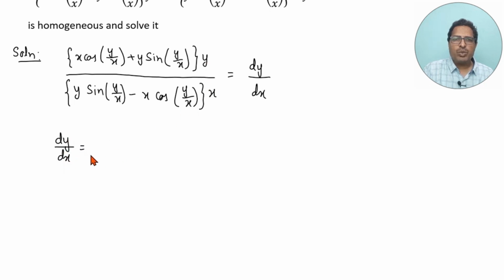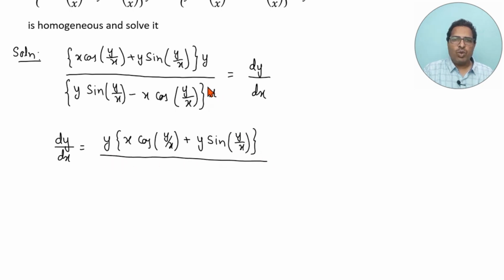y times the entire expression, that is x cos(y/x) + y sin(y/x), whole divided by, again in the denominator, x times the complete expression, y sin(y/x) - x cos(y/x).